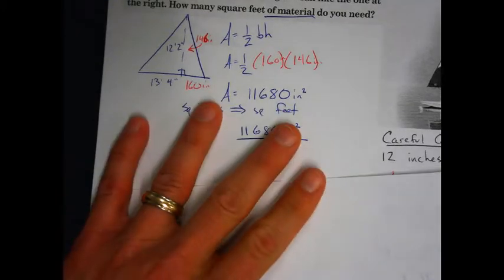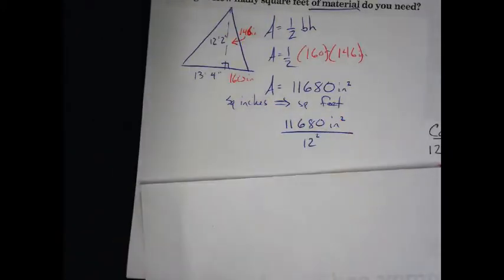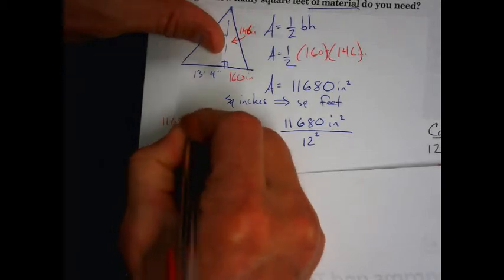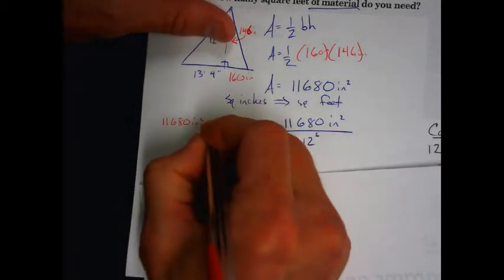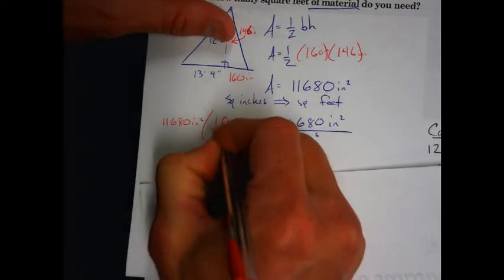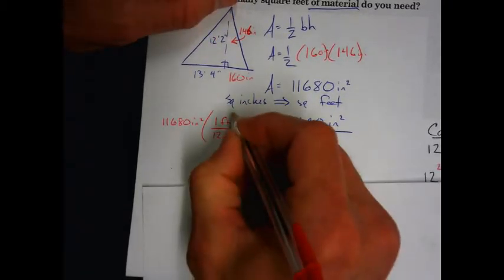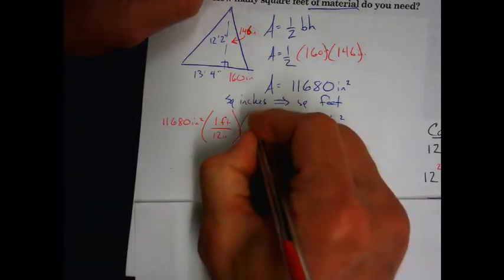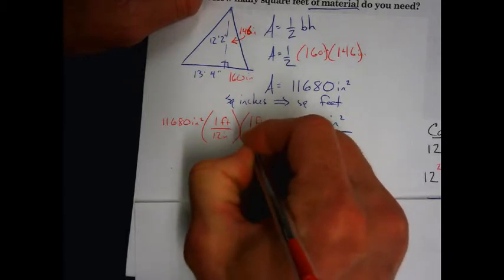Now there's a way of seeing this in dimensional analysis, so I'll show this as well. 11,680 inches squared. We know that 1 foot is 12 inches. But we're talking about square feet, so we have to talk about another foot is 12 inches.